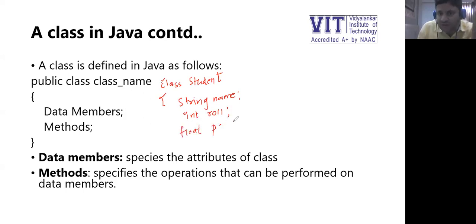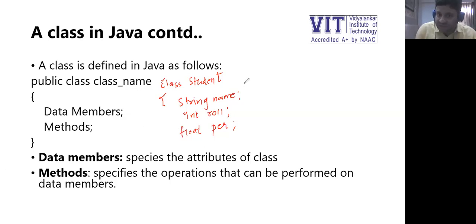First we need to identify what will be the attributes of every class. If I'm talking about storing details with respect to a student, I need to identify what data members every student should possess, at least in my record, when I store them. So we call them data members.